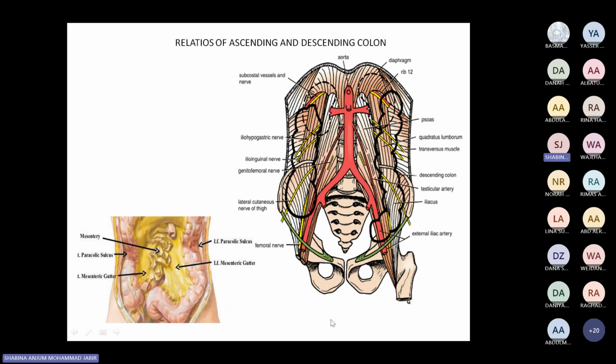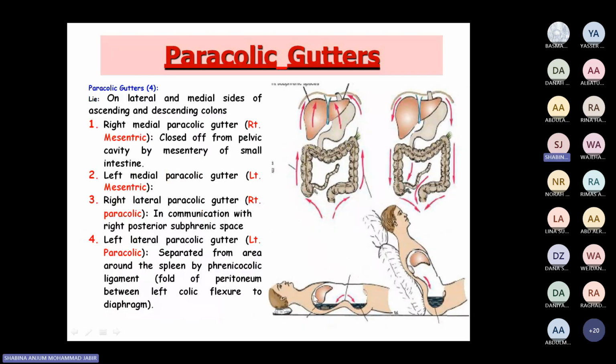So what are these? These are called paracolic gutters, because they are on the sides of the colon. They are on the lateral and medial sides of the ascending and descending colon.